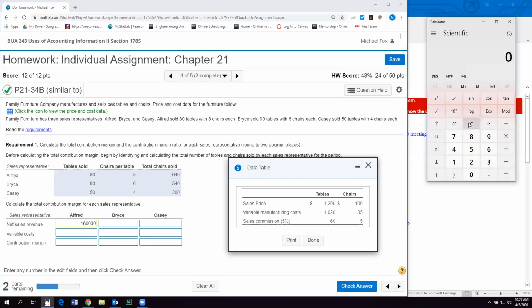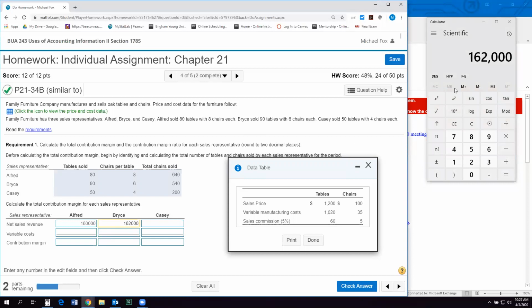Do the same for both of the other two. So Bryce sold 90 tables times 1,200 each, plus 540 chairs times $100 each, 162,000.